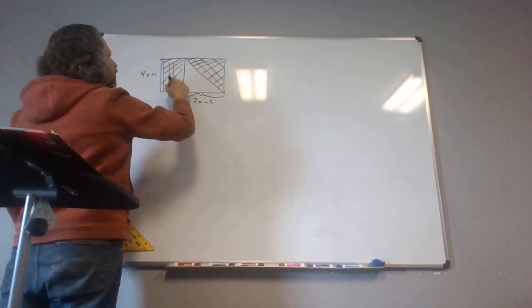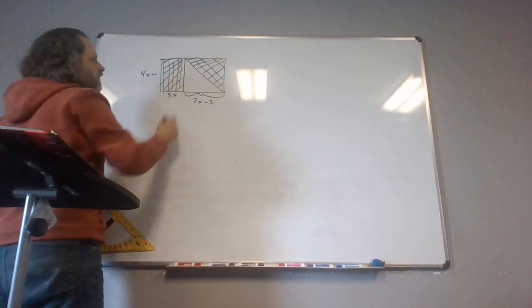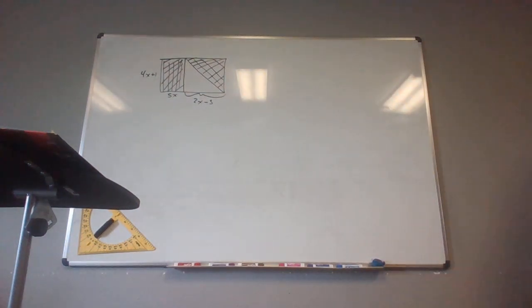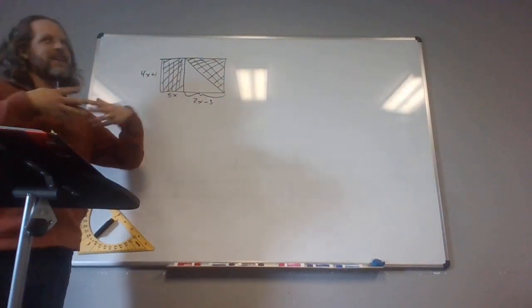So, what should we do to solve this? Multiply 4x plus 1 by 5x. Okay, so you're going to be headed towards the additive method. Sounds good to me. We could find the area of the whole thing and subtract this triangle, or we could find these areas and add them. Both work.